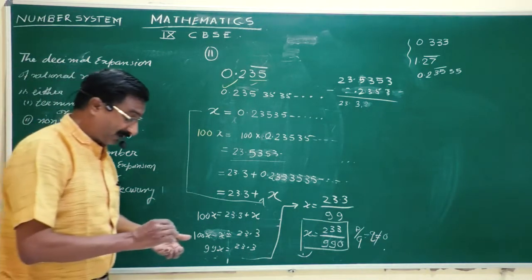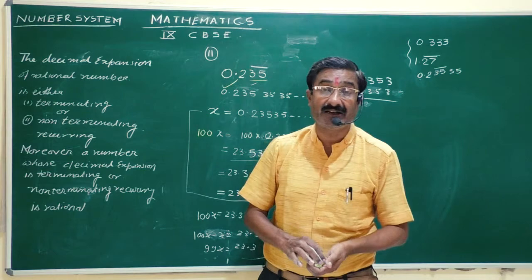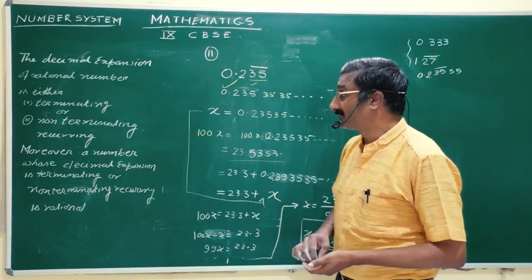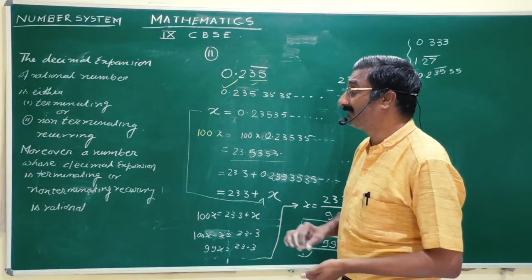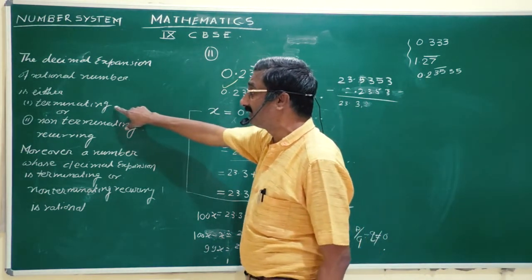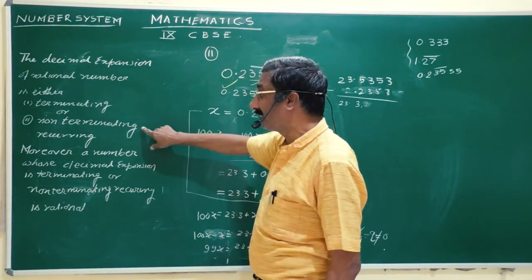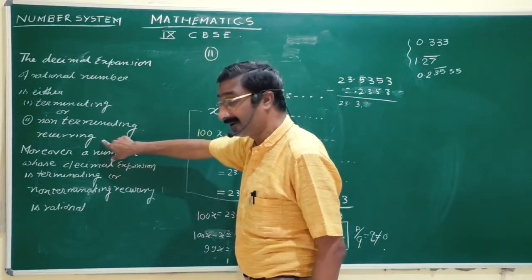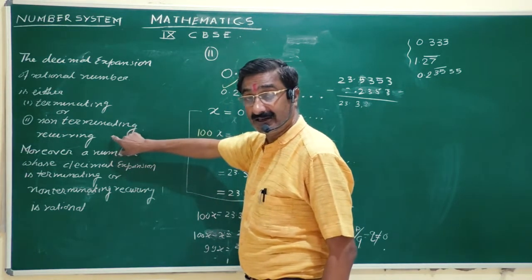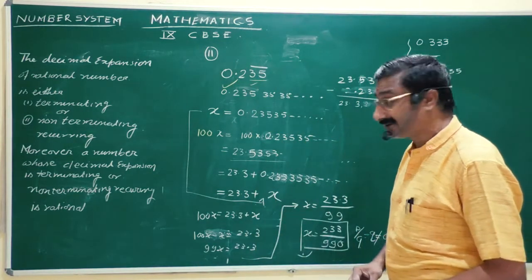So, as we have discussed, the rational and irrational numbers are studied in a different way. We can differentiate from this statement that if the number is terminating, it is a rational number. If it is non-terminating and recurring, means repetitive in nature, then also it is a rational number.